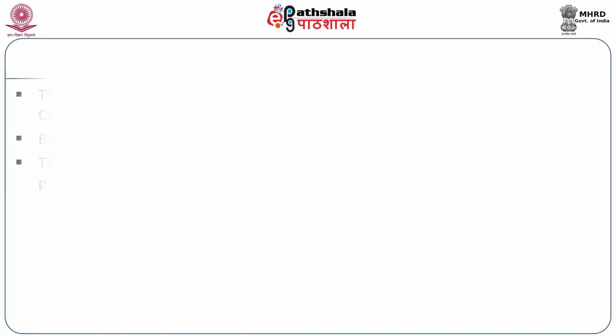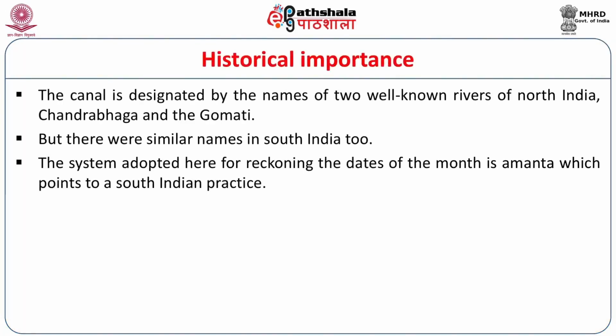There are Chandrabhaga rivers in Madhya Pradesh also, and even in South India. So it could be that the name was taken from a river called Chandrabhaga in southern India. The system adopted for reckoning the dates of the month is Amanta, which points to a South Indian practice.